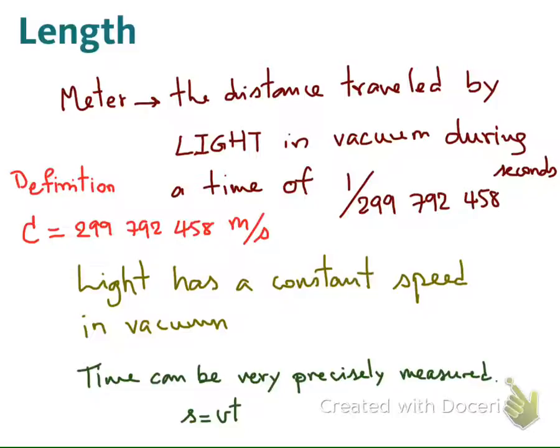Please note the way I write down the speed of light in the definition of the length. I give a space between the numbers 299 and 792, and a space between 792 and 458. This is the scientific way to write a number that has many digits.